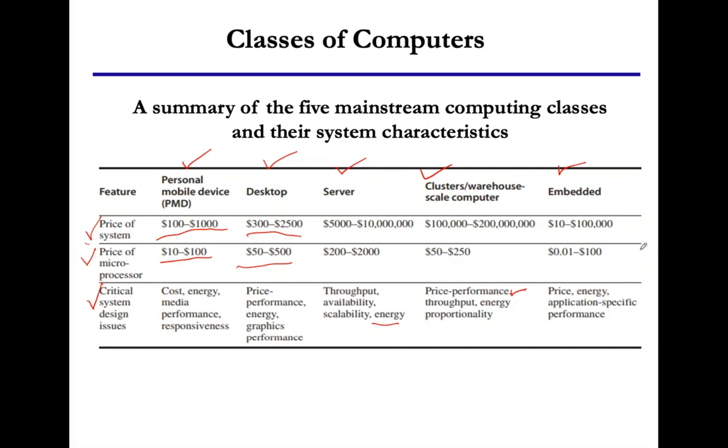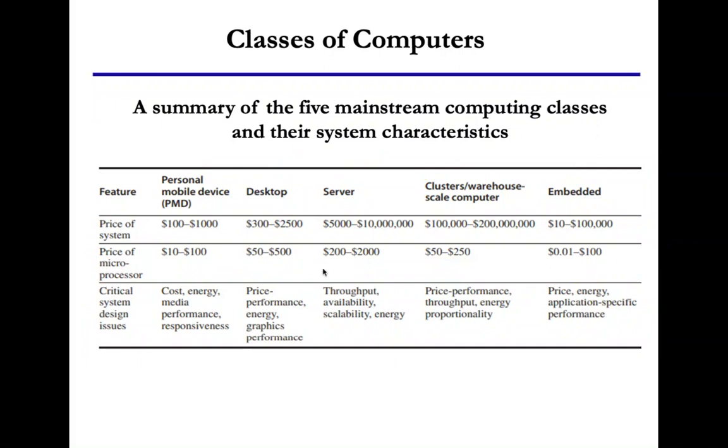And coming to the embedded one, here the system design issues are to reduce the price, reduce the energy, and increase the application specific performance. So based on these, the computers are classified into five mainstream computing classes and their characteristics.